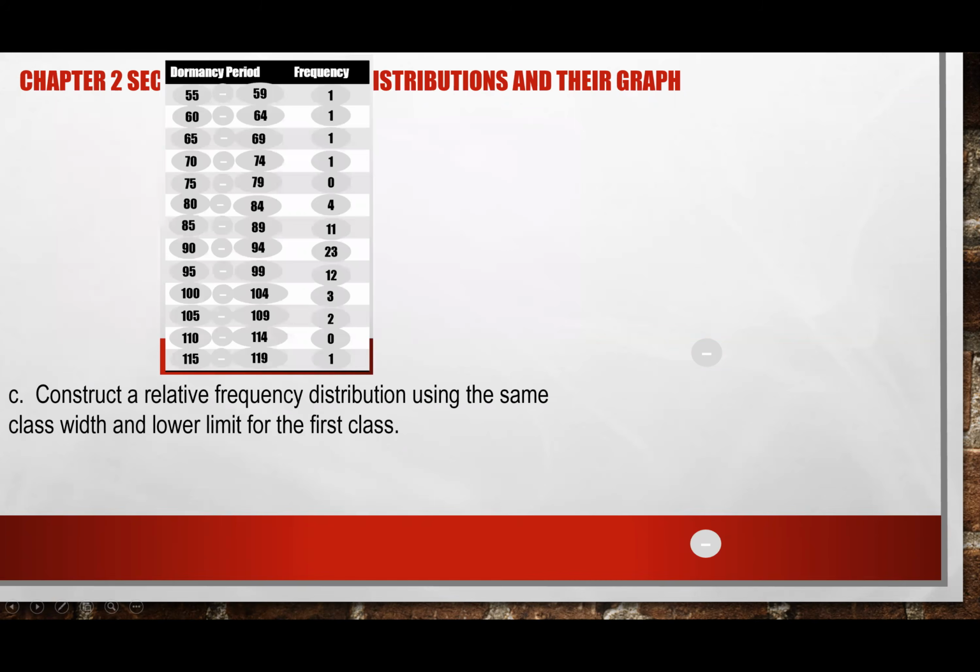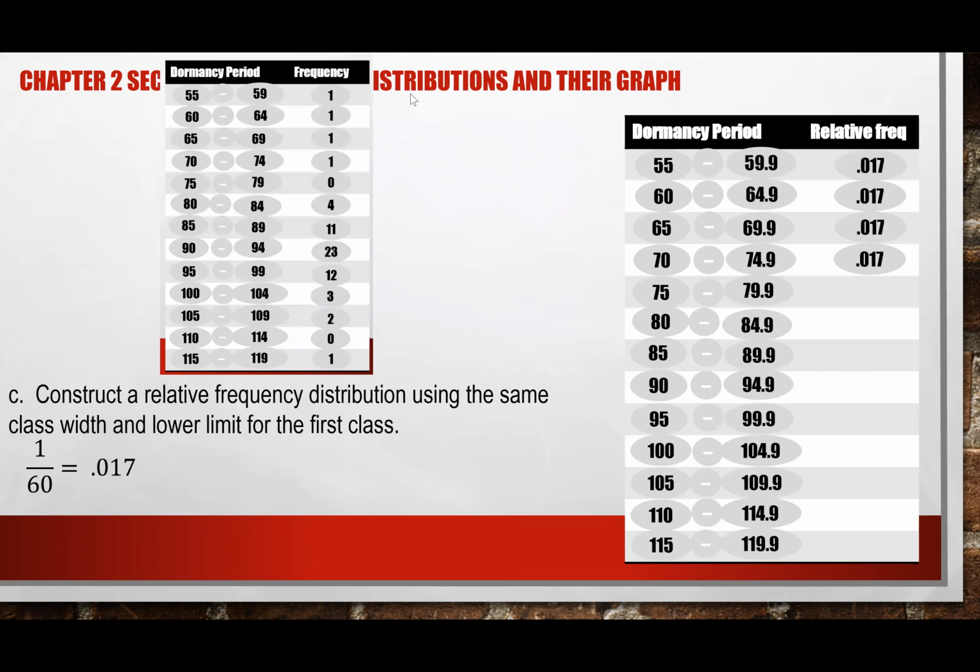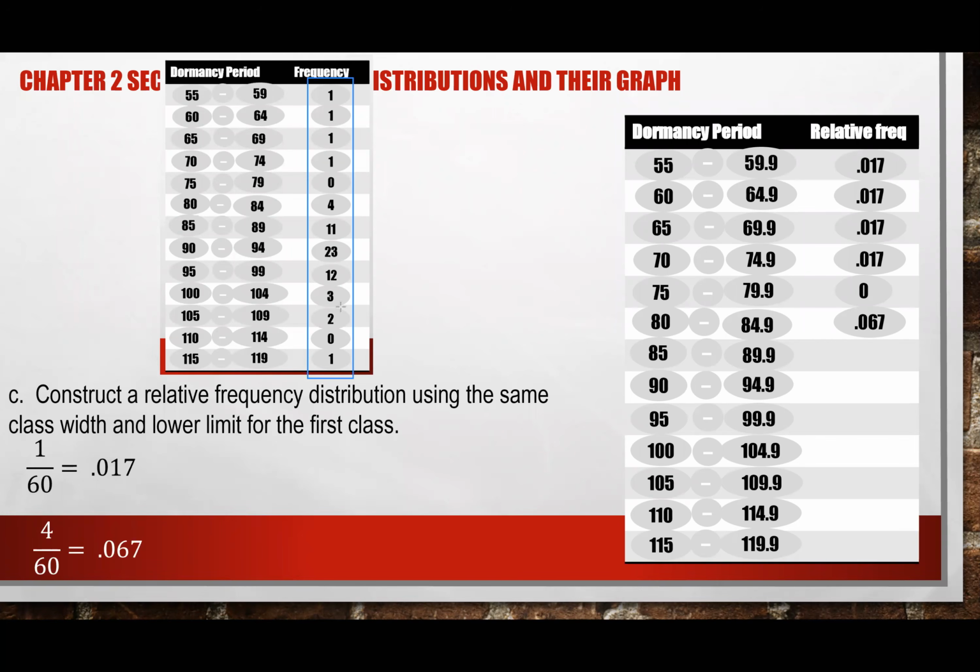Or if you add your frequencies up, remember the formula for relative frequency: if you add all of this up, it is equal to 60, and that's where the 60 comes from too, right? If they don't tell you how many data, you can just add all of your frequencies up and it should be equal to 60.